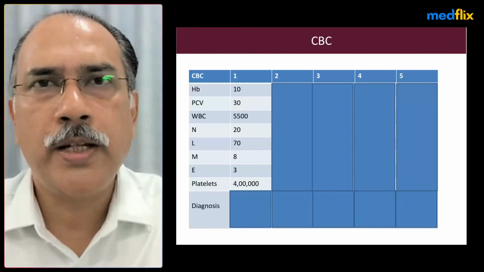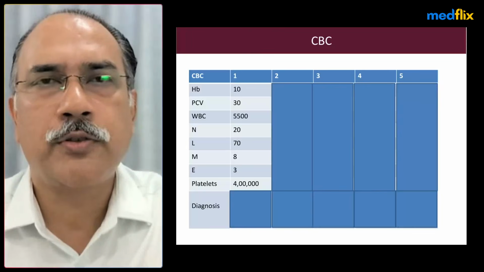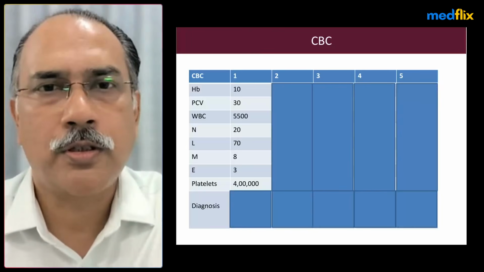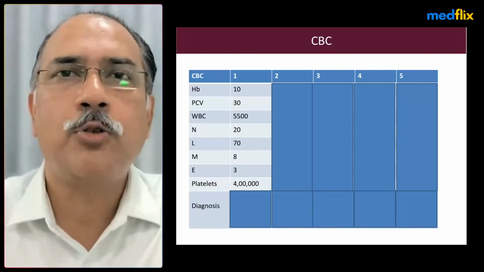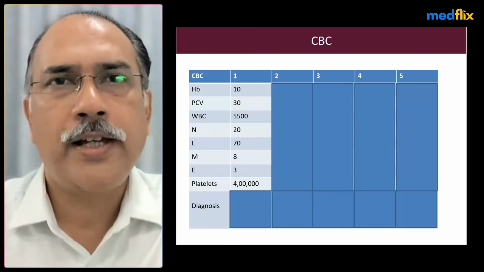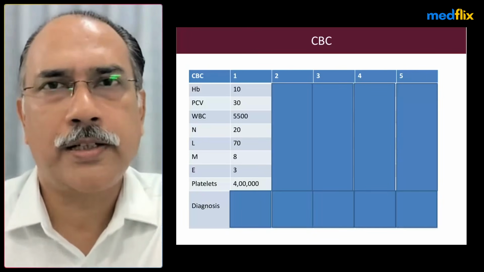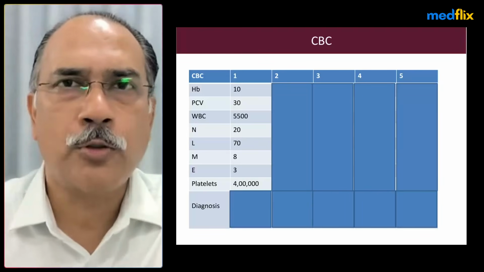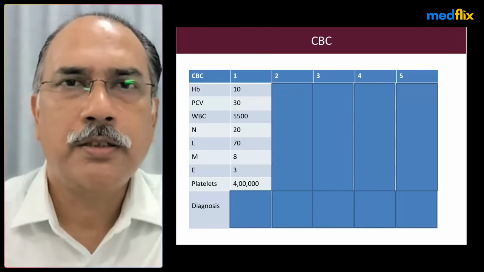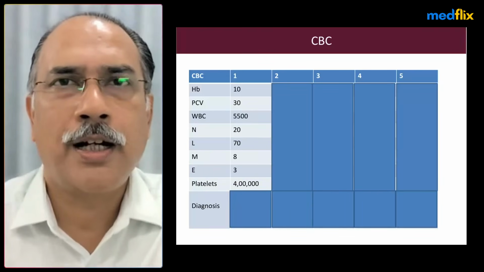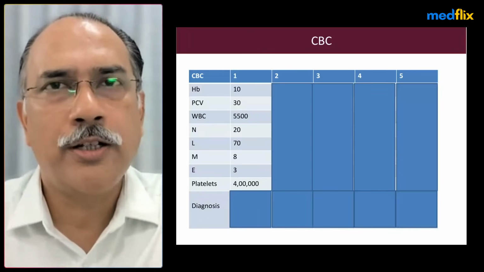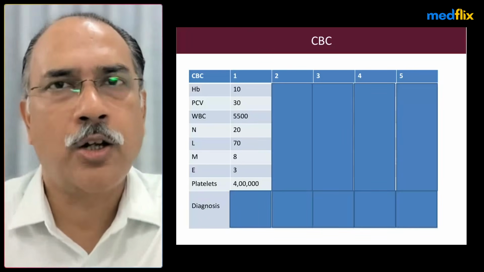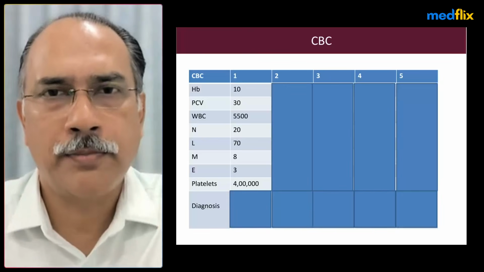We will also make a note of whether the neutrophils are more or lymphocytes are more. We will look at the platelets, and just like WBC, we will try to categorize what is the range of platelets. Now, first and foremost, let me put a disclaimer that this is not 100% science. This gives you clues in order to make a diagnosis along with your clinical and other tests.